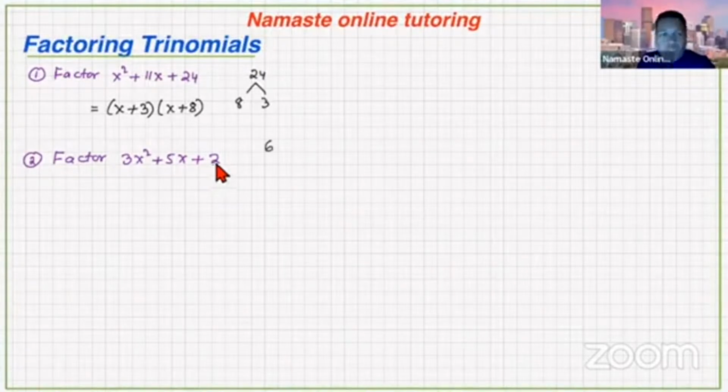We are pretty much using the same process that we have done here, but when we write the factors, there is a little trick. Now we need to find the two factors of 6 that will add up to 5. The factors are 3 and 2, because 3 times 2 is 6 and 3 plus 2 is 5.